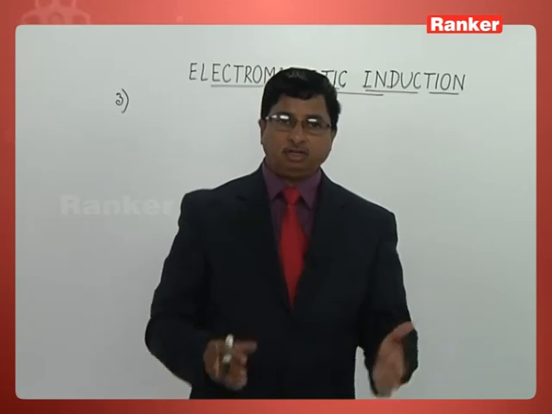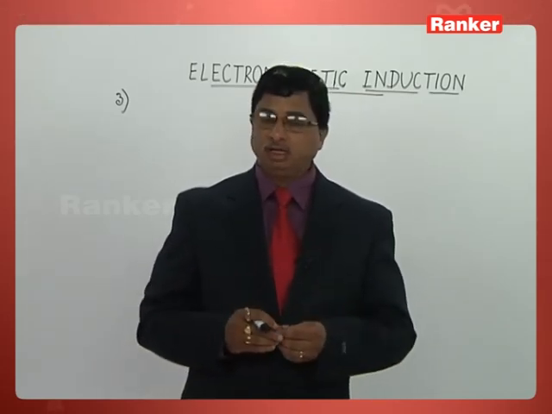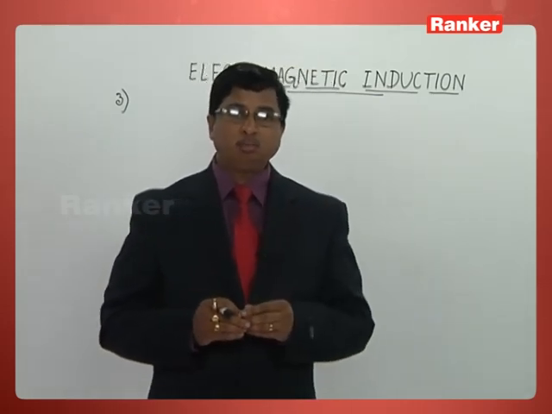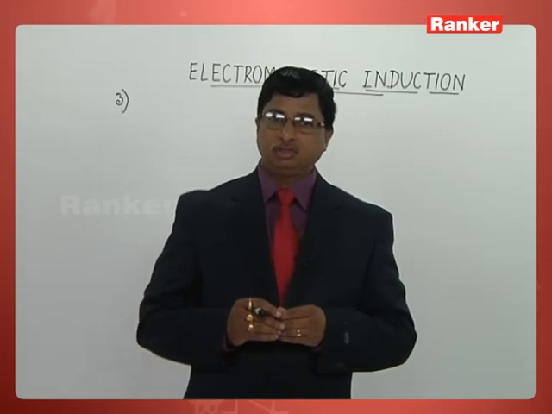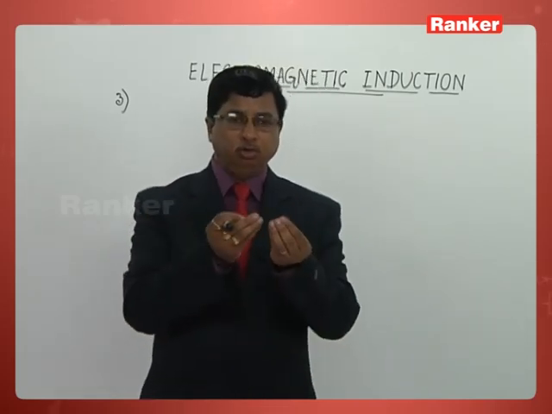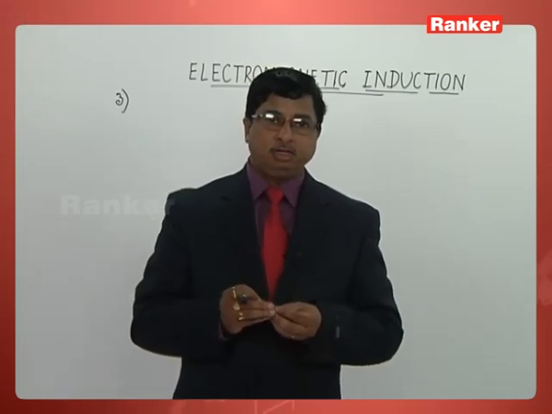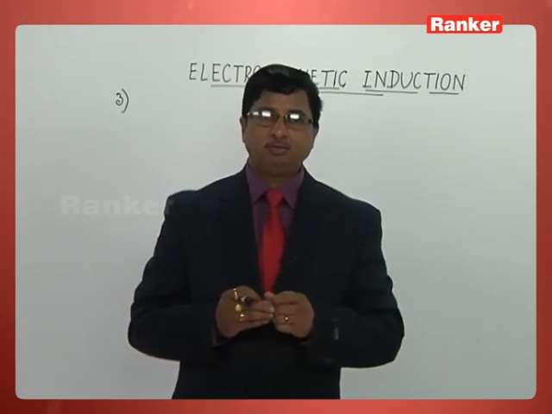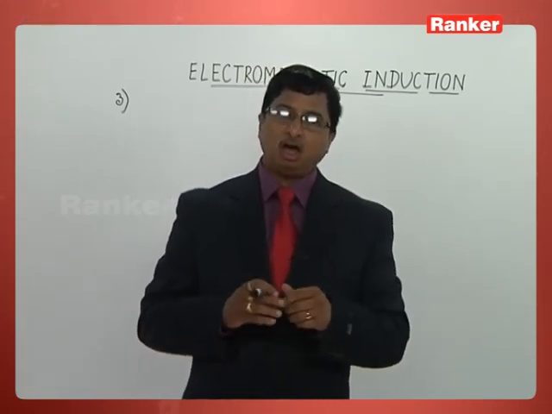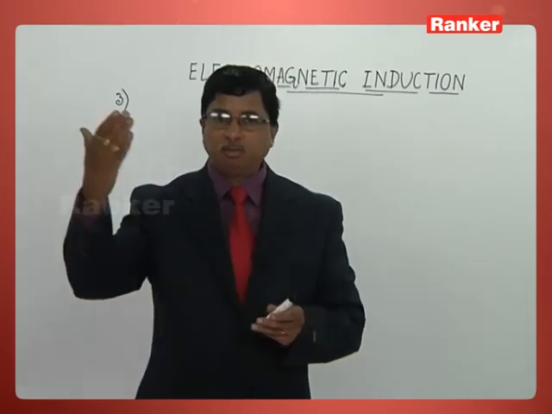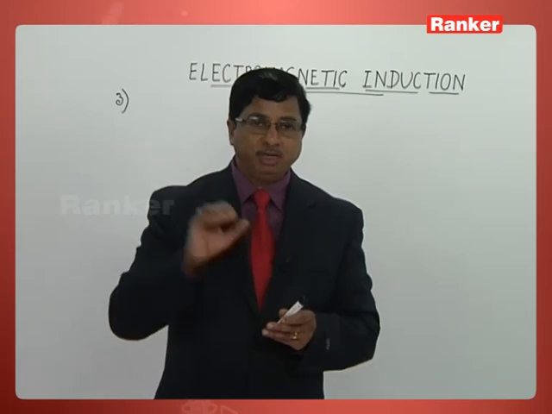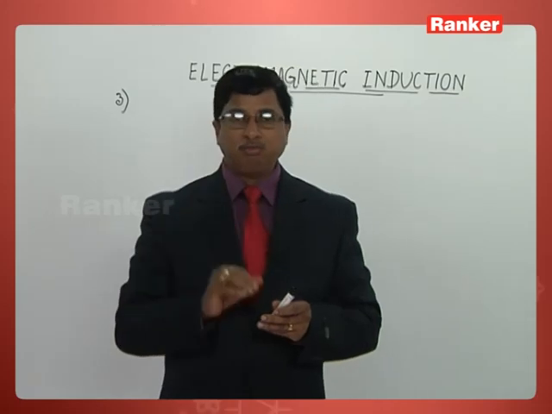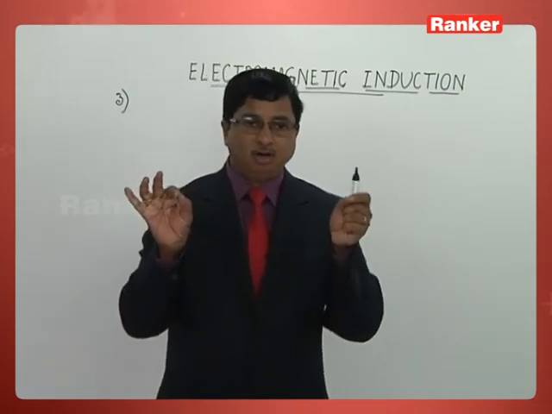So when you check the next number, that's problem 3. It is a problem based on motional EMF. When a particular body like a uniform rod is moving right across a magnetic field with a constant speed, or making an angle theta with the direction of the magnetic field with a constant speed, then how can we calculate the induced EMF across the ends of that rod?